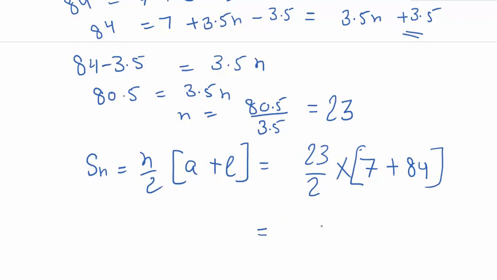This will be 23 divided by 2 into 91. 84 plus 7 is 91. Now multiply this, you will get the answer, that is 1046.5. This will be the answer.